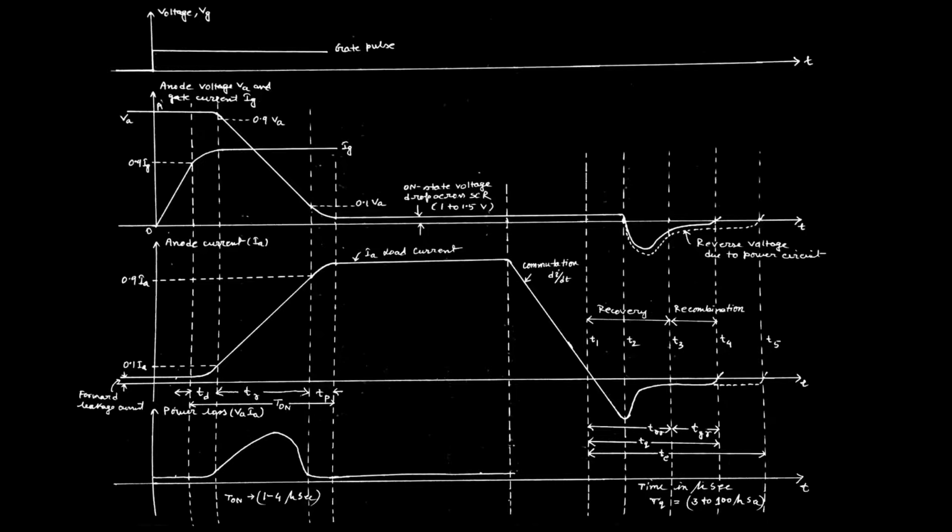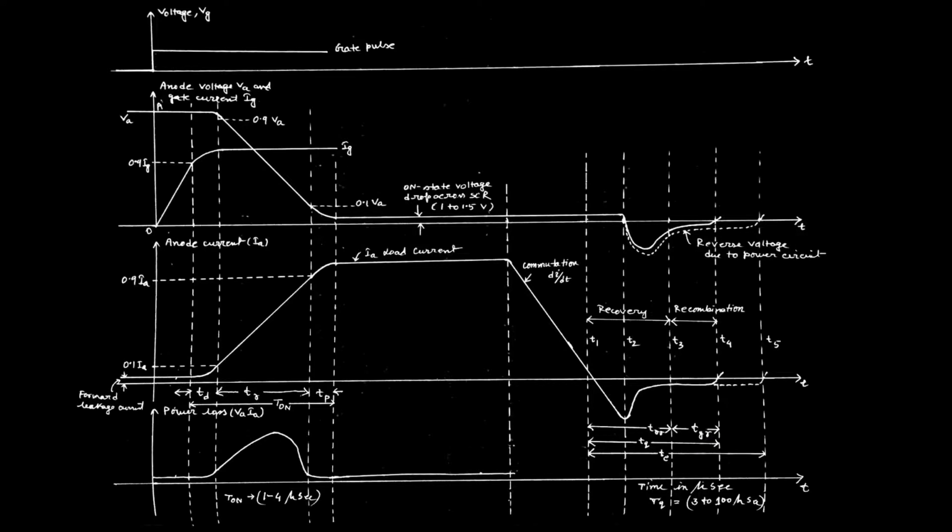But actually we use this kind of switch, the SCR, in power circuits. The SCR can be connected to other components like inductors, capacitors, resistors, and many others. That means to properly turn off this switch, all the charges stored in the other components should be removed first.